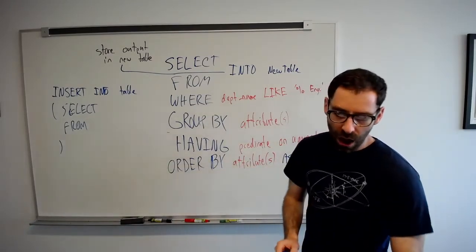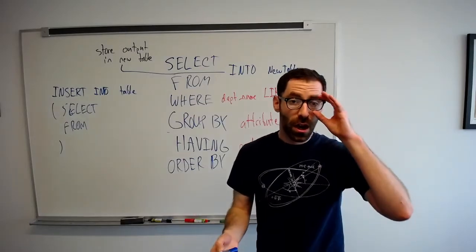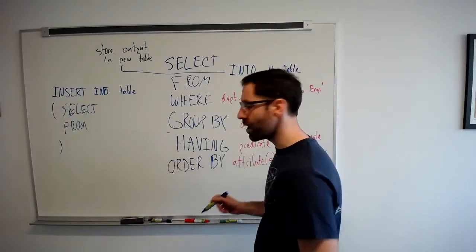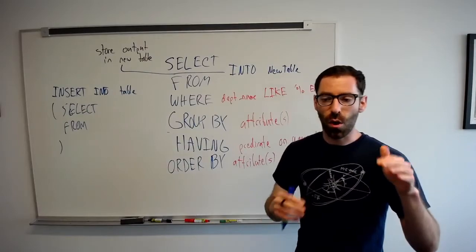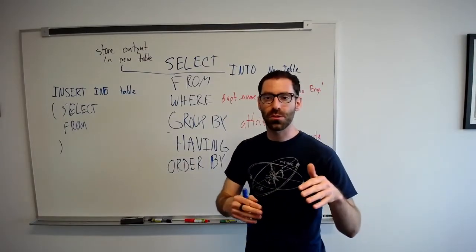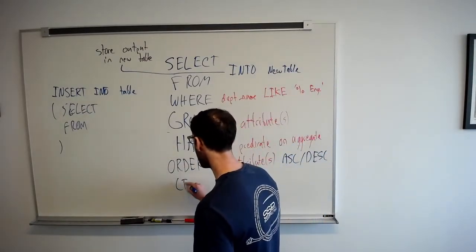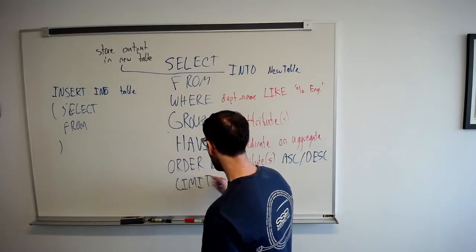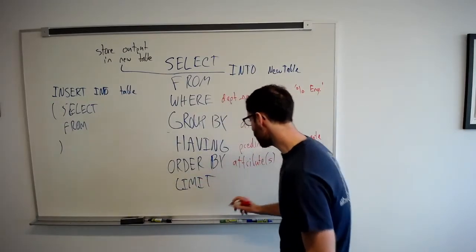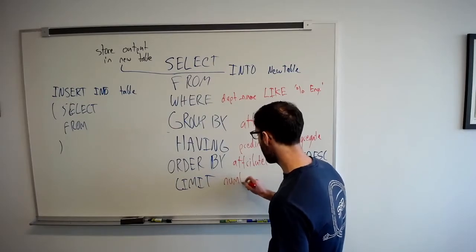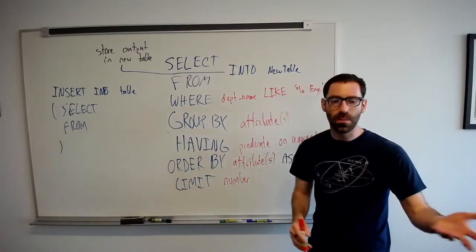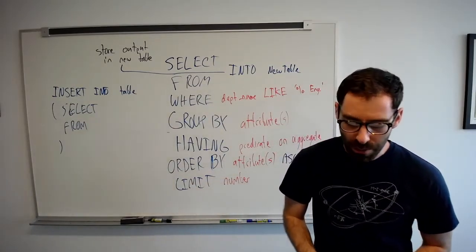The other way, which I already mentioned, that we can control our output is to tell it to only give us so many tuples back, and that's the LIMIT clause, where we limit it to some number of tuples that we want back.